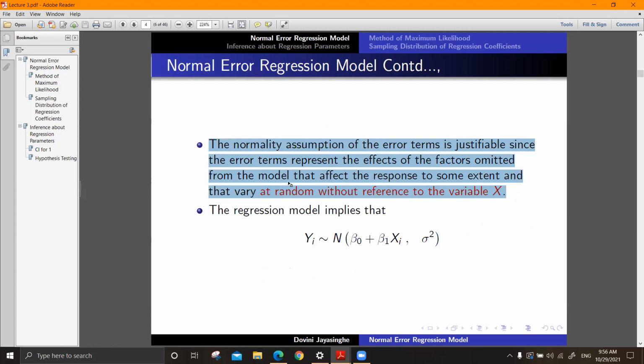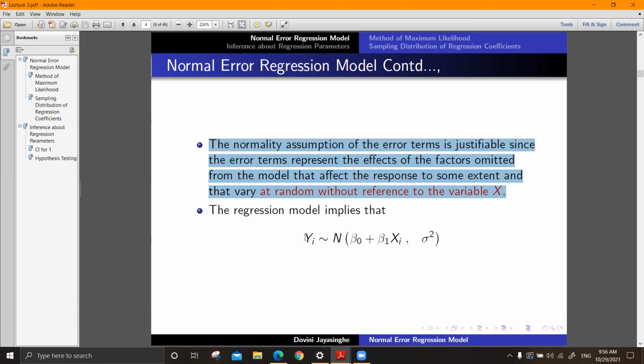So error is basically the gap between the fitted value and the estimated value. It is spoken to the entire model, not at each x level. We call the response variable upon each x level, right? But for errors, we can generally say errors should be normally distributed across the entire data set.